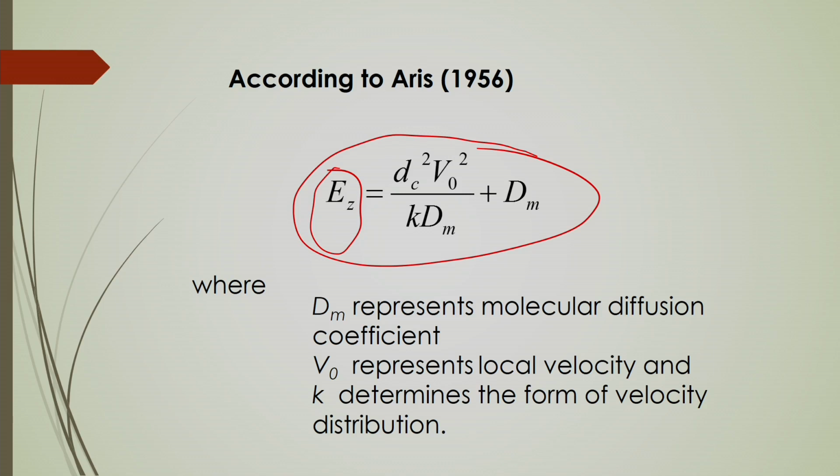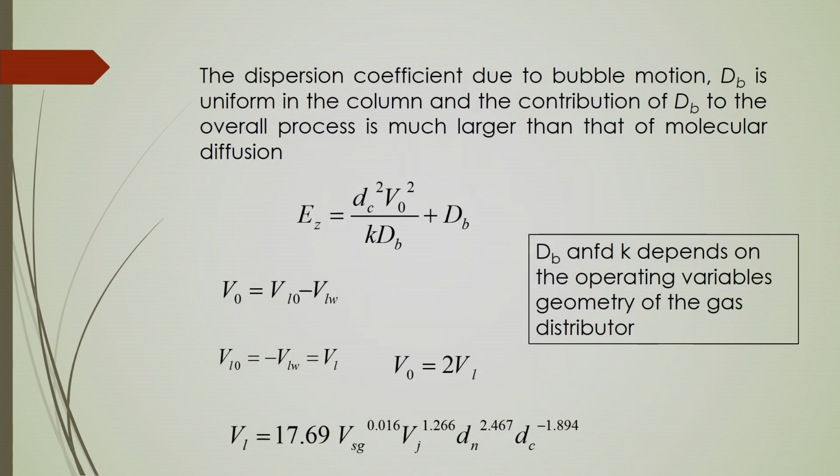If you are considering that the bubble is moving, then instead of dm you have to consider the bubble diffusion, or bubble movement. So we get the bubble dispersion coefficient in that case. We define the dispersion coefficient due to the bubble motion, dB, as uniform in the column, and its contribution to the overall process will be much larger than that of molecular diffusion.